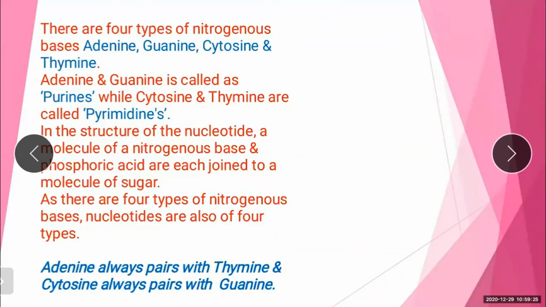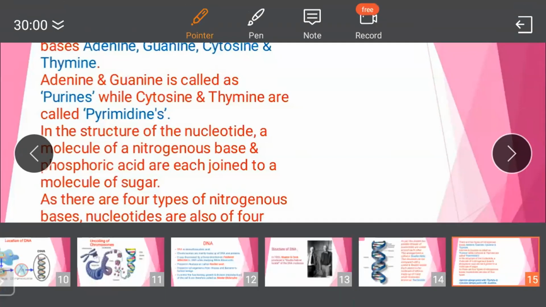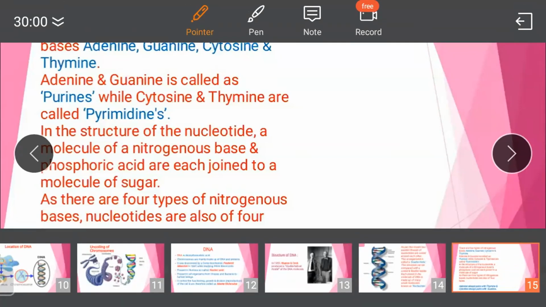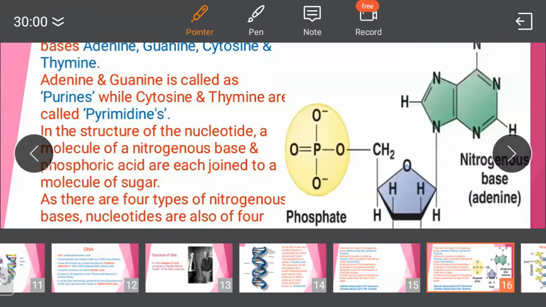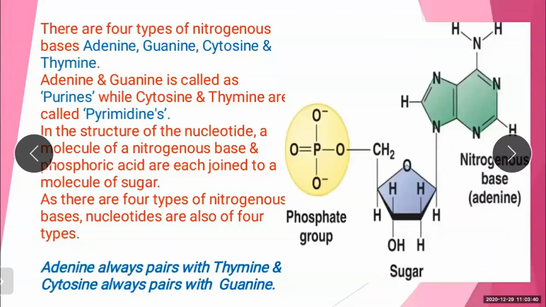As there are four types of nitrogenous bases, nucleotides are also of four types. Adenine always pairs with thymine and cytosine always pairs with guanine. You can see the phosphate group, the sugar group and the nitrogenous bases.